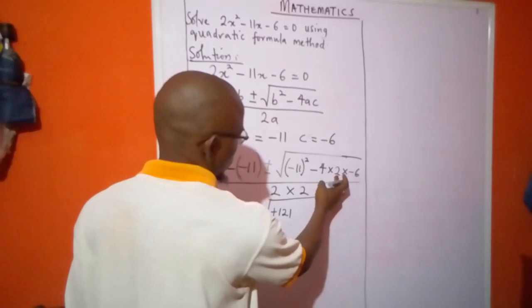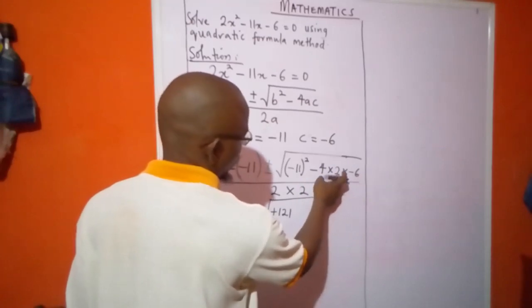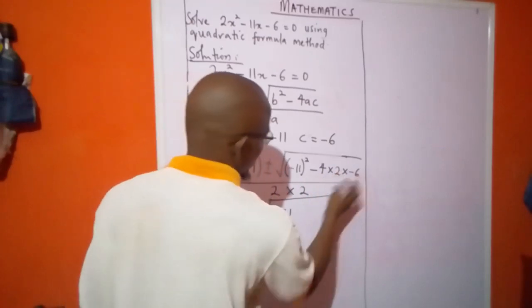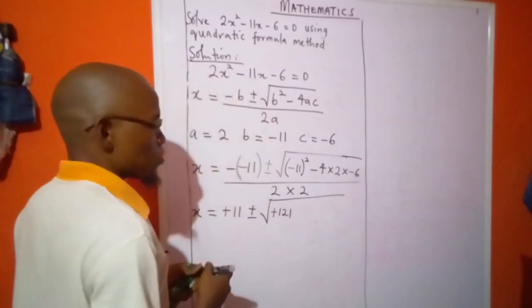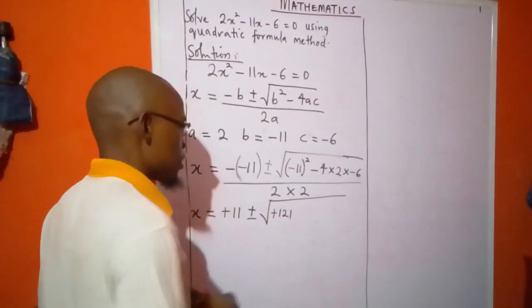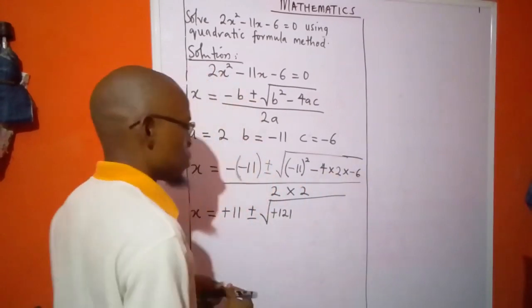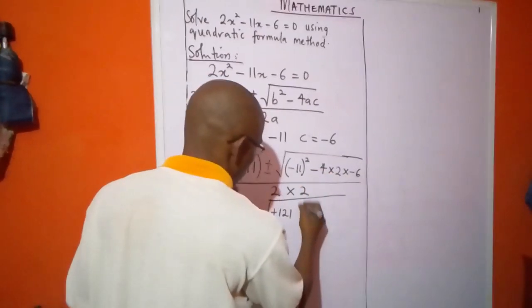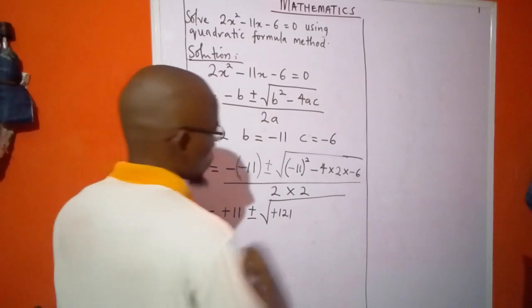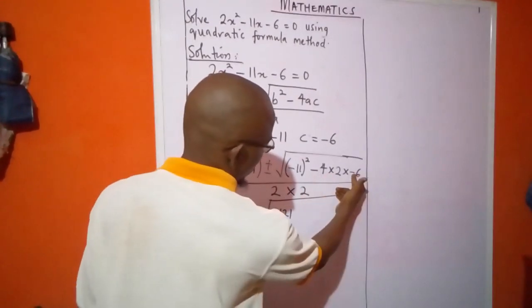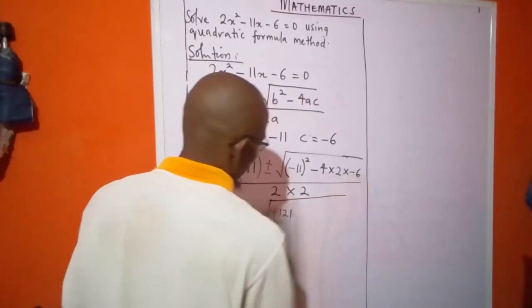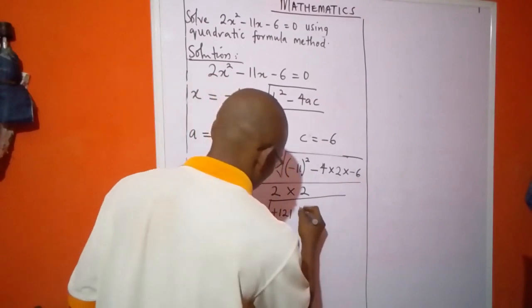Okay, then this we're having it to be 4 times 2, that will be 8. 8 times minus 6, that will be minus 48. Then we are having a minus times minus, so before you do that, you can say, okay, this is a minus and you're having another minus here. So minus times minus will be giving us plus.